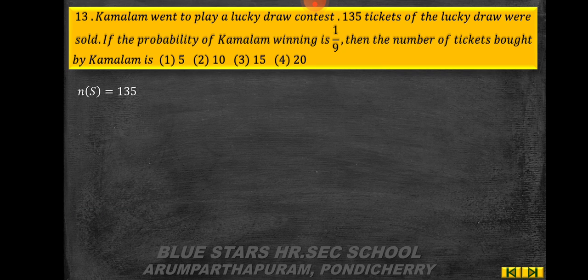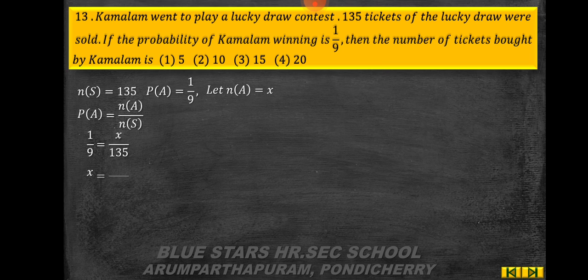So n of S is equal to 135. P of A is equal to 1 by 9. Let n of A be equal to x. So P of A is equal to n of A by n of S. P of A is 1 by 9, which is equal to x by 135. So x is equal to 135 by 9, which is equal to 15. So the correct option is option 3. The answer is 15.